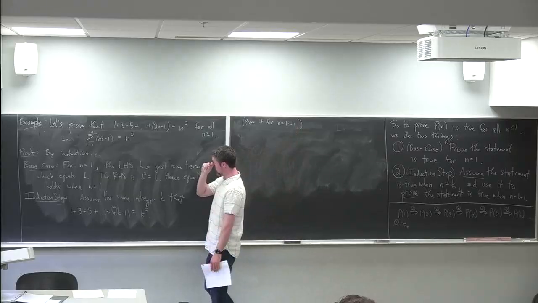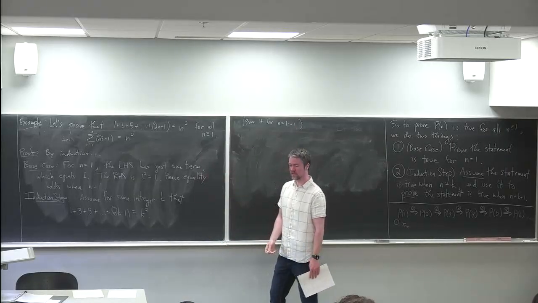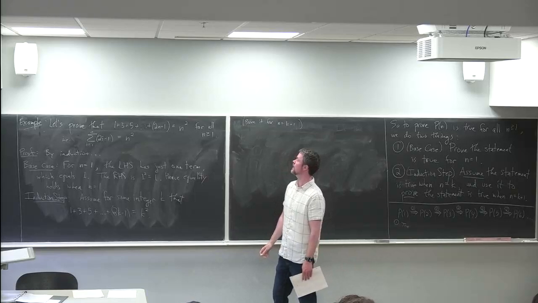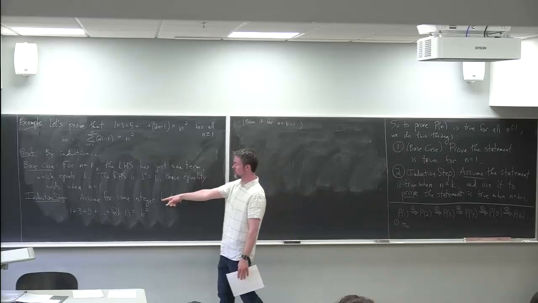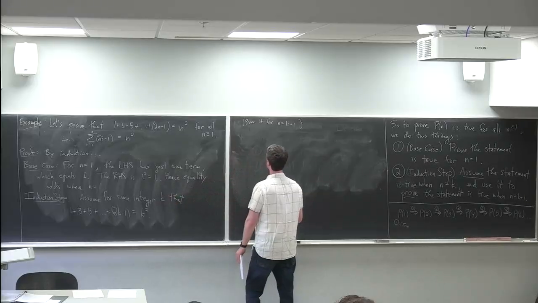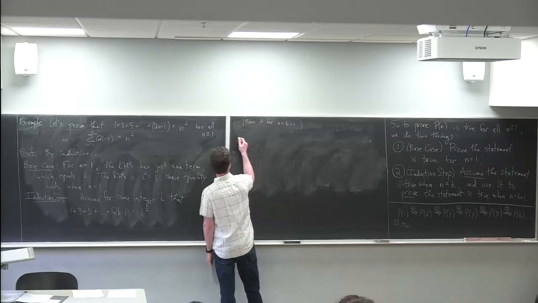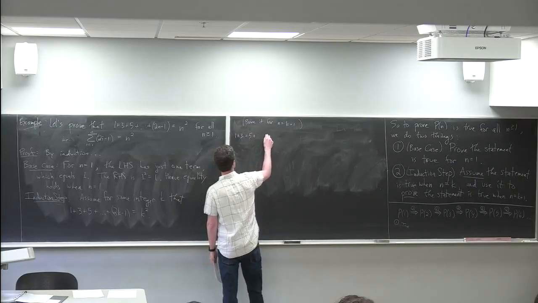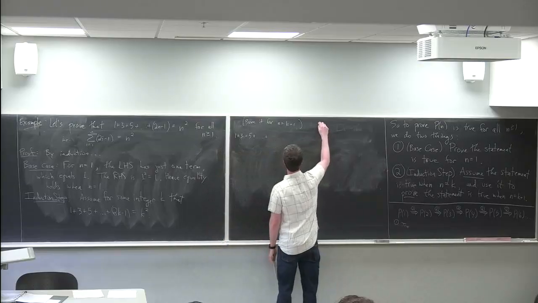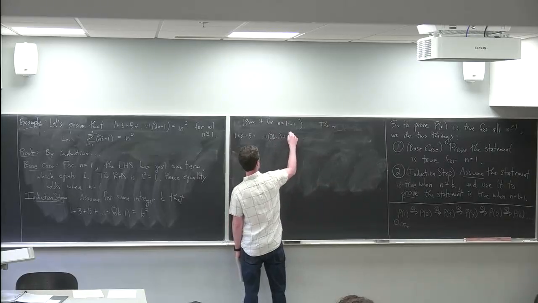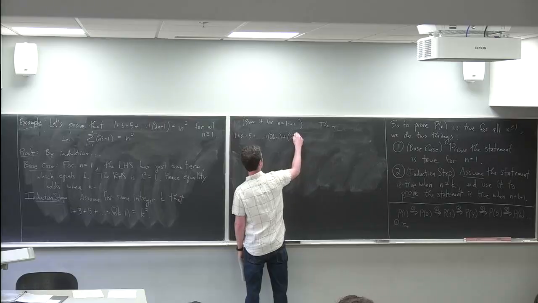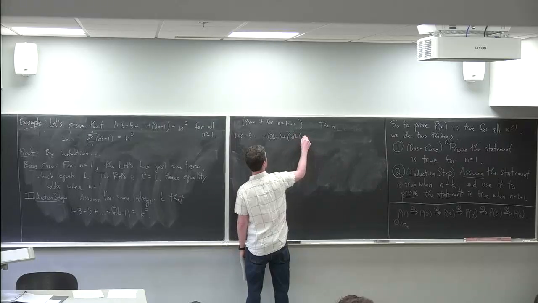So what you would do then is look at the left-hand side when n is k plus 1. It's the sum of all the odd integers up till here, but you have an extra one. So you have 1 plus 3 plus 5 plus dot, dot, dot. Somewhere in this chain you have 2k minus 1, but then you have the next thing, which is 2 times k plus 1 minus 1.